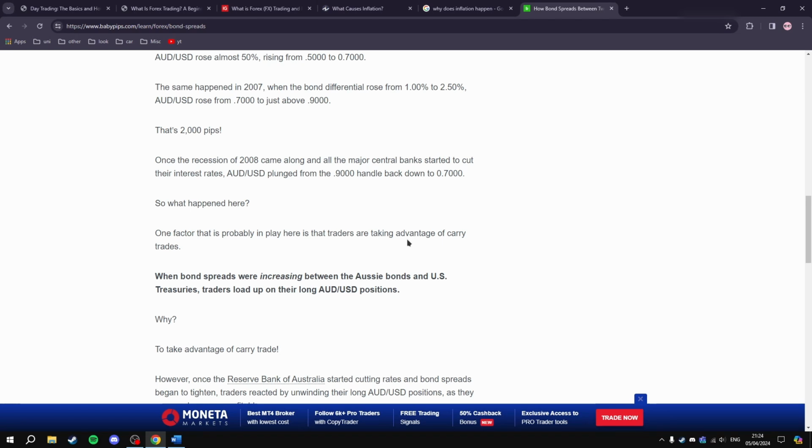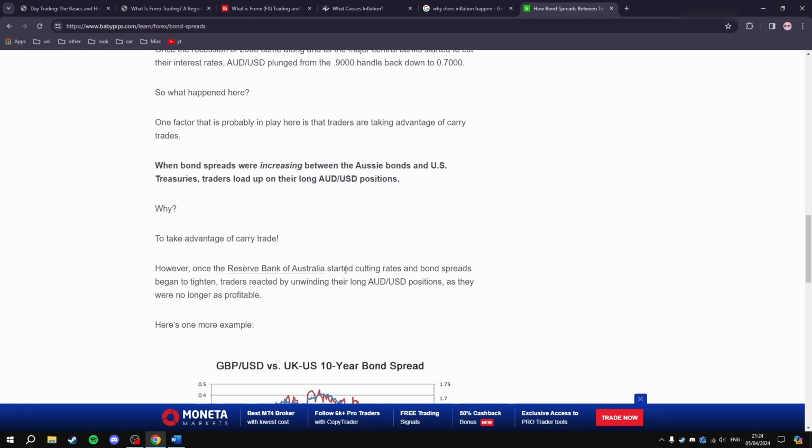Traders loaded up on their long AUD/USD positions, they were buying, hoping for the price to rise.